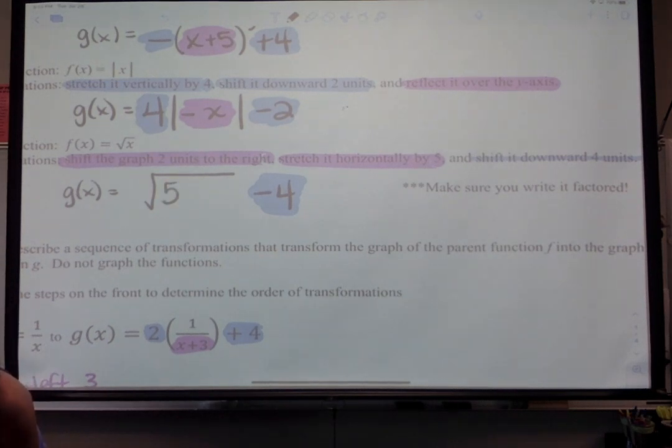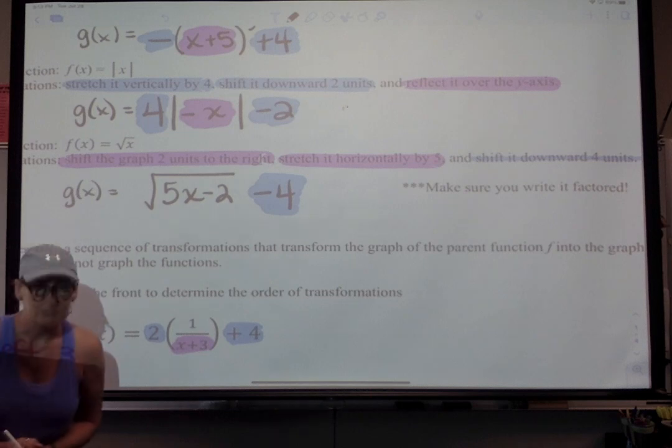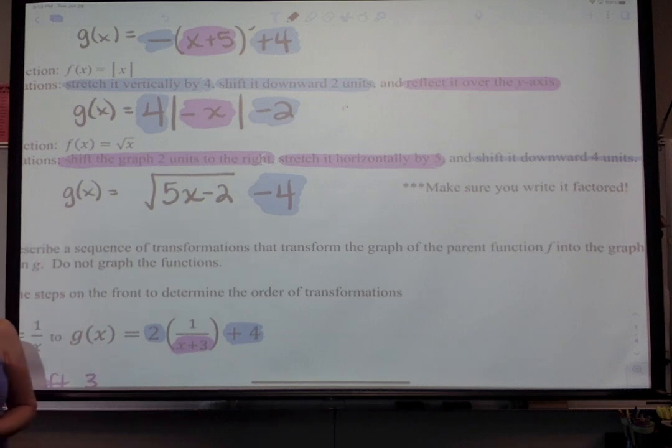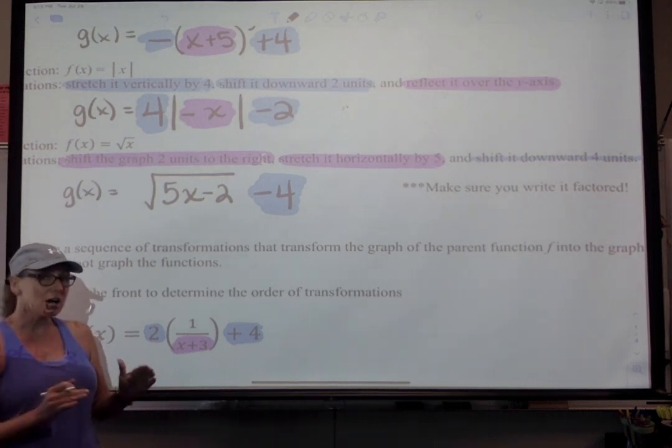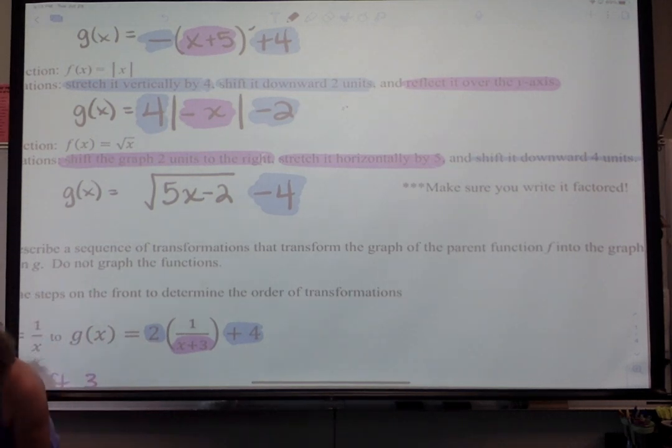Horizontally by 5. That is incorrect. Because if I factored that, see the pink?